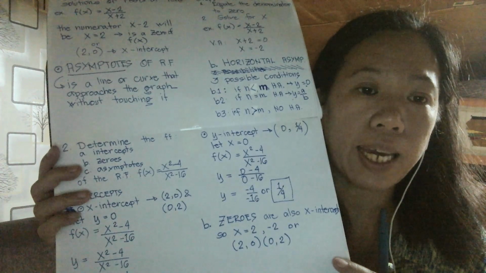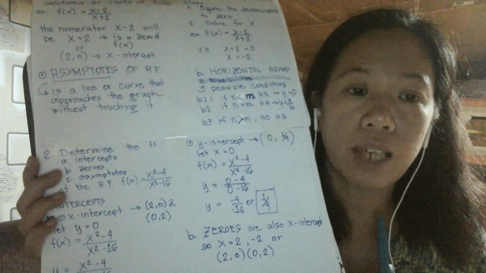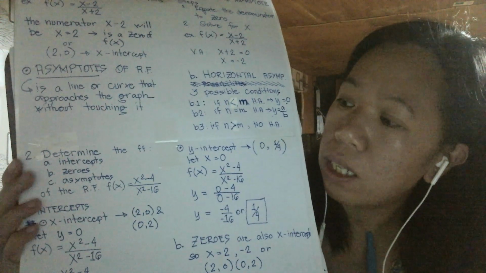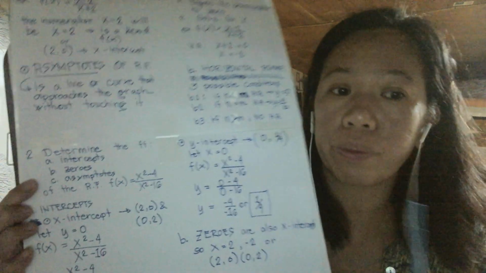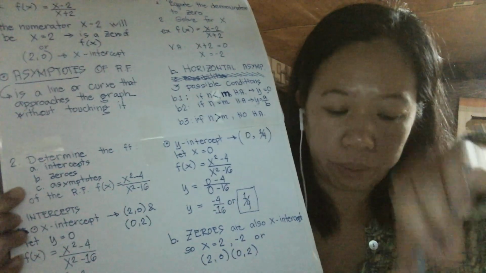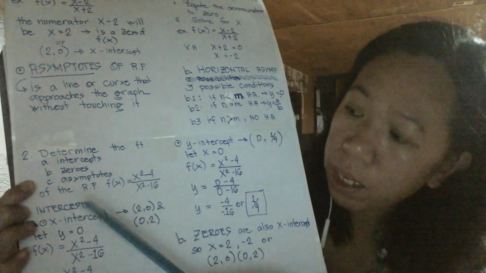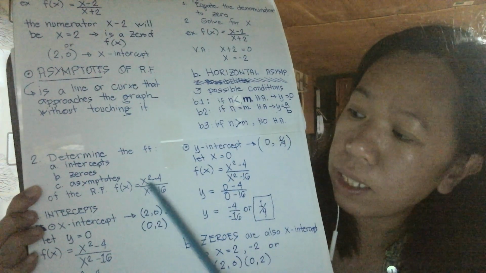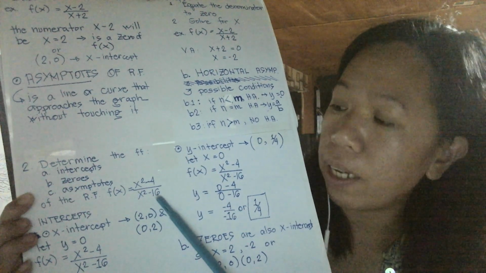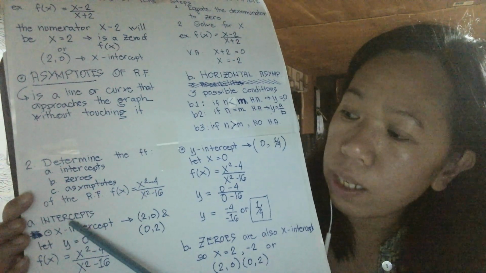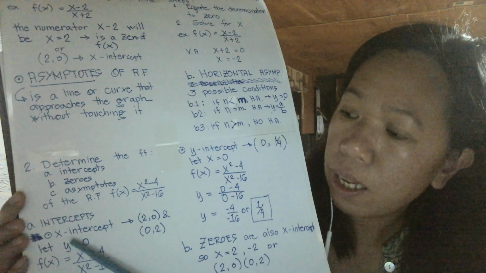So let's apply. Let's try to find the intercepts, the zeros, and asymptotes of the given function below. So if you are given f of x equals x squared minus 4 over x squared minus 16. So let's start with the intercepts.